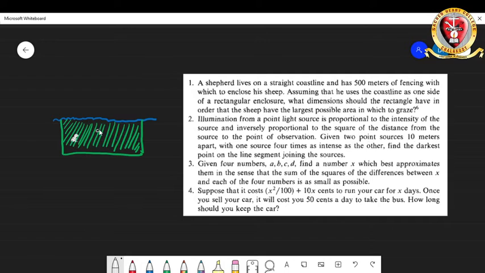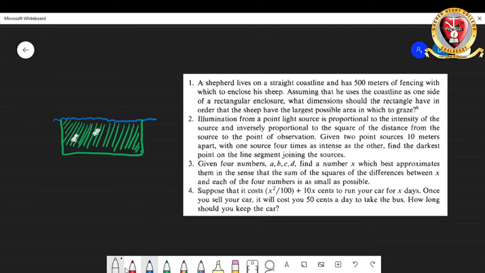Okay, so they graze here, and what we have to do is identify the largest possible area such that the sheep can graze the maximum. Obviously we need to feed the sheep with the maximum possible food. So what is the maximum possible area such that this happens?